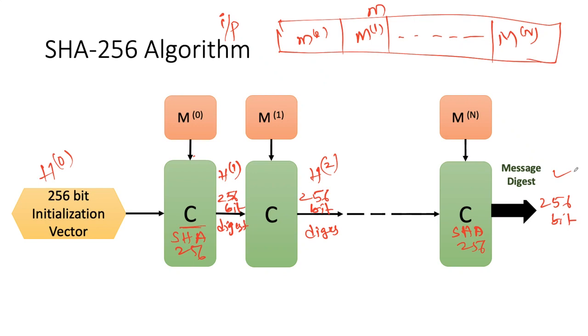The output of this compression function and the next block will be given as input to generate the next one. So finally, for the entire message, we get only one digest, 256 bits in size. And that digest is transferred or exchanged between the users in the open network.